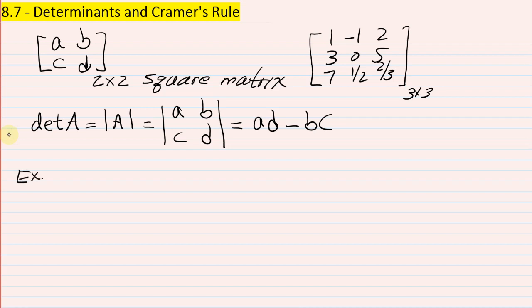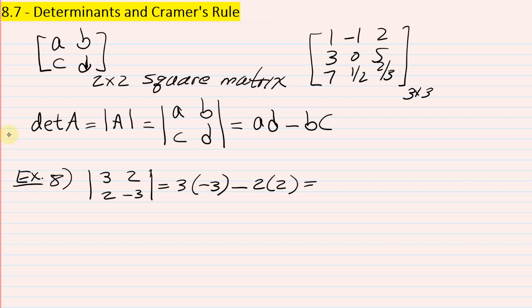So just to do an example here, let's say in the book I'm going to take a look at an exercise. There's not too many of these in your book, by the way. Let's say I want to find the determinant in exercise number 8. It's 3, 2, and then we have 2, -3 here. The determinant is going to equal AD, that means 3 times -3 minus 2 times 2.